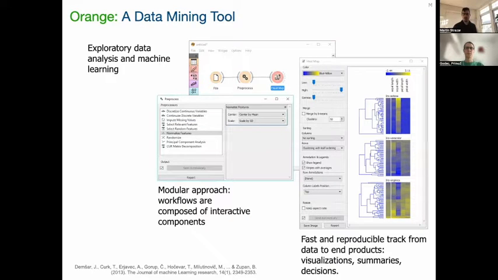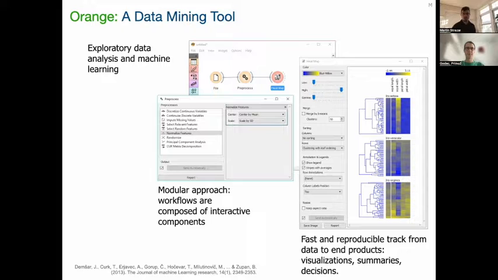In our case, we would like to complement these approaches by taking a non-coding approach and build on our more than 20-year effort in delivering Orange, a highly interactive visual programming tool for data mining, machine learning, and exploratory data analysis.